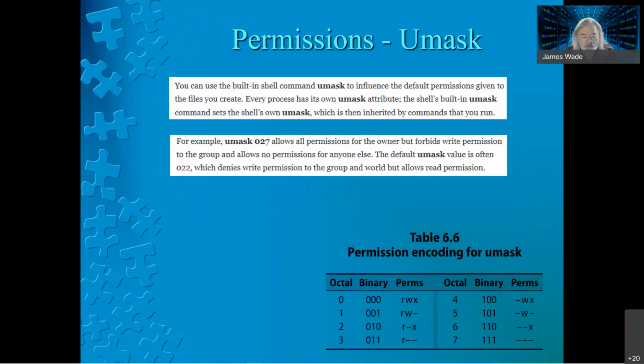Now, what if, when you create a file, you want to have those privileges created the way you want them? In other words, you don't want to have to do all of these chmod commands.